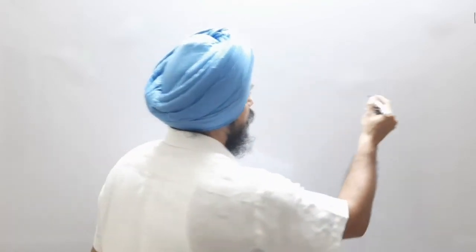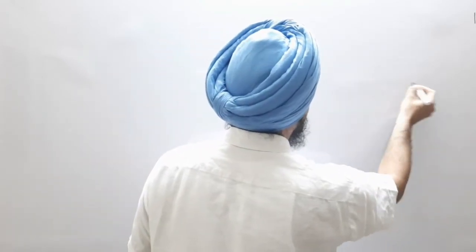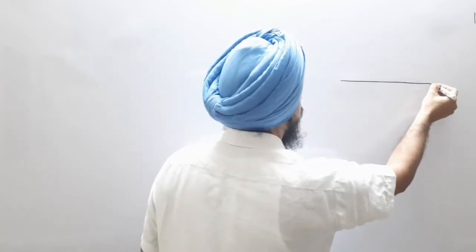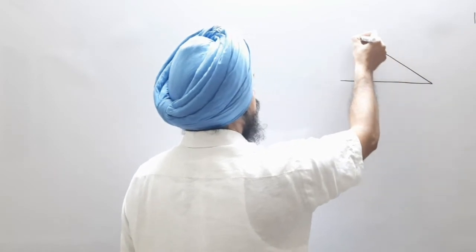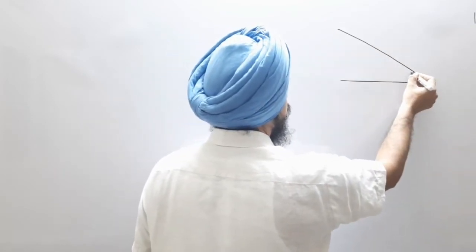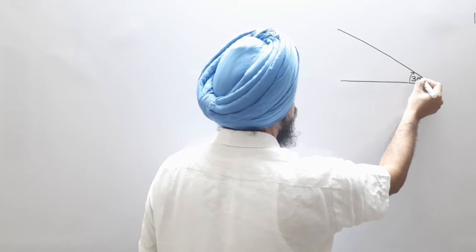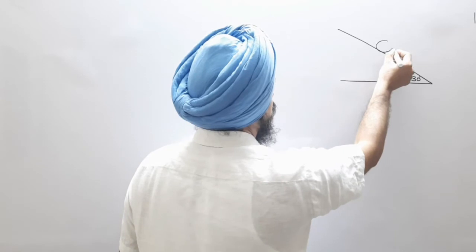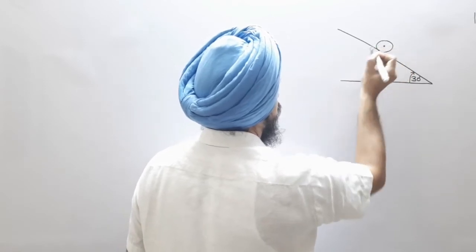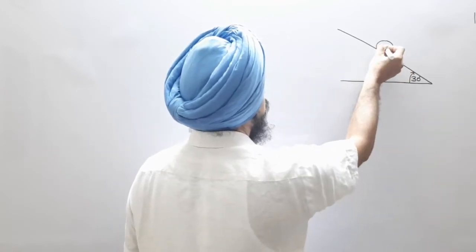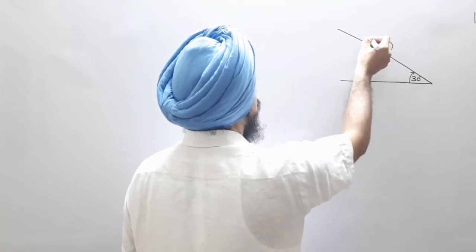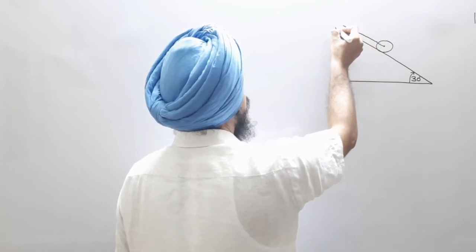Now let us try to understand this problem. We have the horizontal plane here, and the inclined plane was raised 30 degrees from the horizontal. Our roller was here, and it was tied to a string through this pulley.